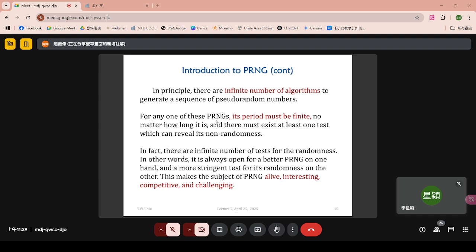There are infinite algorithms and also an infinite number of tests for randomness. So it's always open for a better pseudo-random generator on one hand and a more stringent test for its randomness on the other. So this is a very alive and interesting subject.